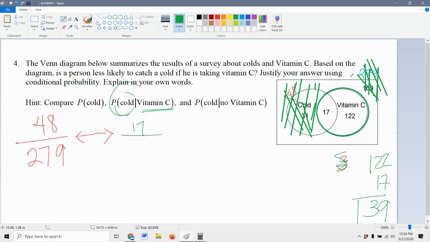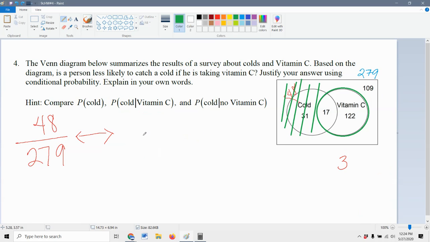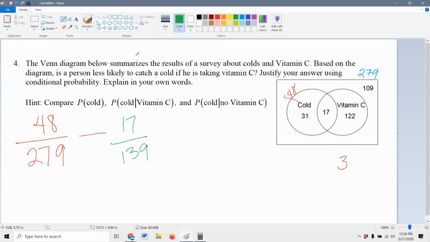So 139 are in the vitamin C category. Oops, 139. Not great there, but you get the picture. 139 people. All right, so that's how you are going to do this given there with conditional probability. 17 over 139.